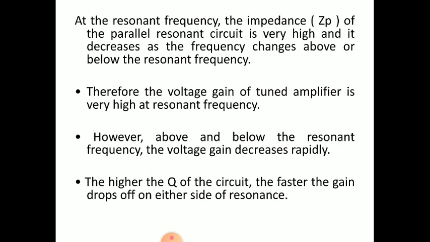If we calculate the parallel impedance from the circuit and at a particular frequency f0, substitute f by f0 in that impedance equation and assign it equal to 0, that means the imaginary part, the reactance component from the parallel LC circuit, is zero.